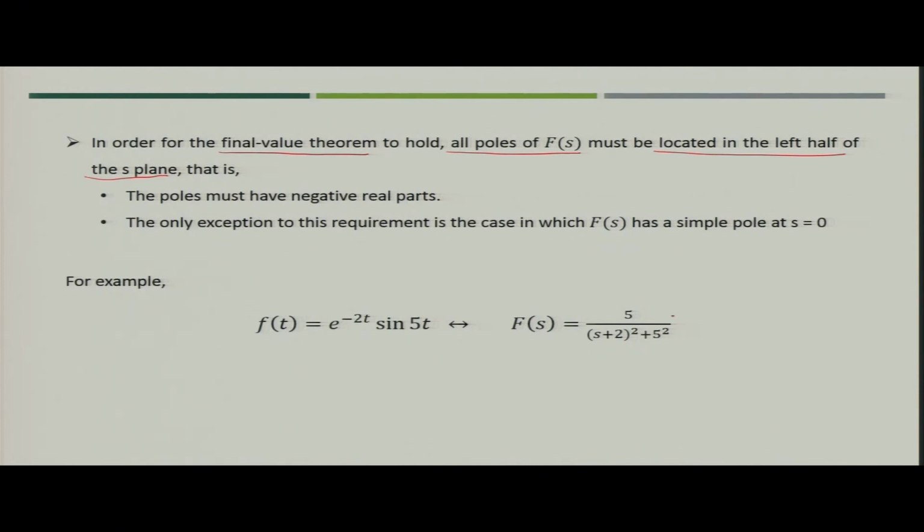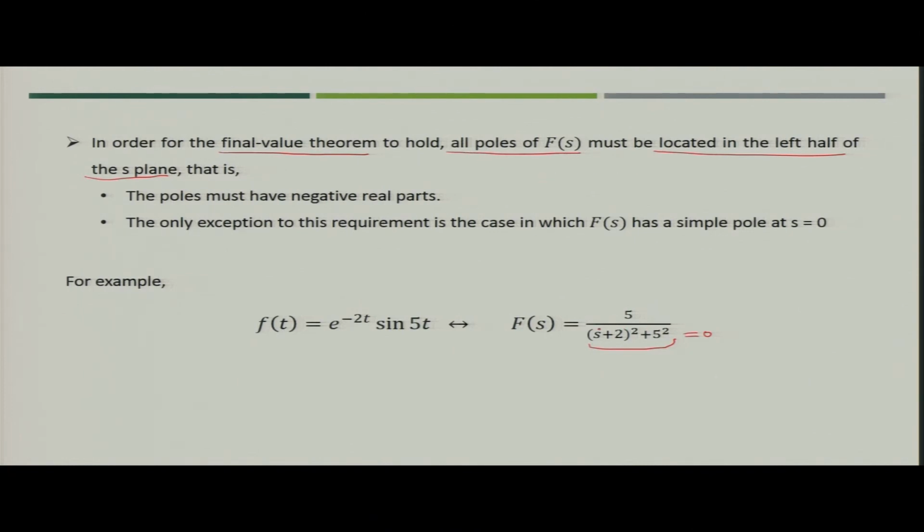If you are asked to find the poles of F(s), you will simply take the denominator and equate it to 0, and find the roots of this expression. Since it is a second order equation, you will get 2 roots of s. Those 2 roots are nothing but the poles of F(s).